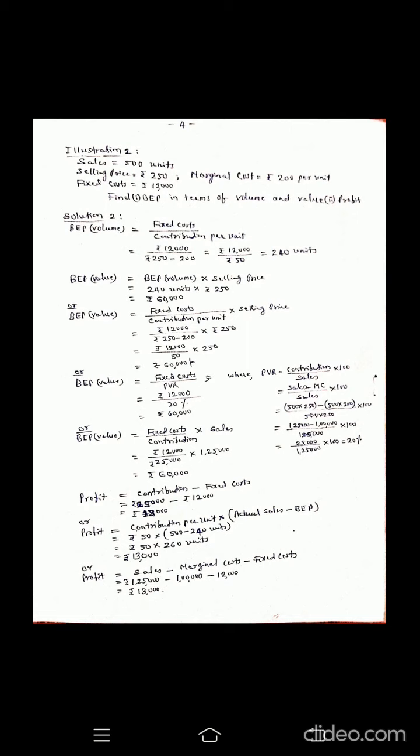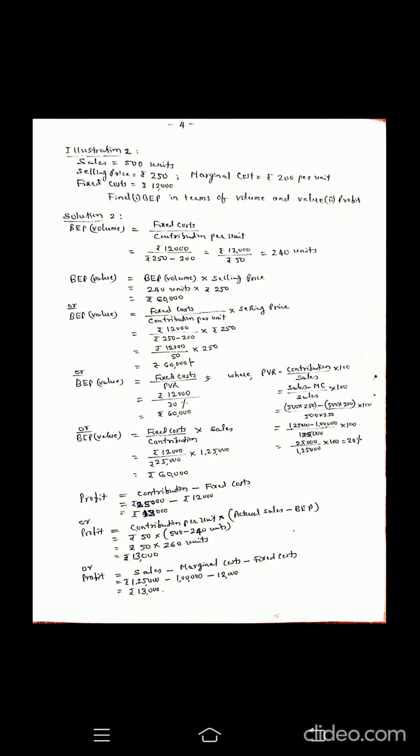So sales minus total cost, since both are one and the same, profit will be 0. So as already said, BEP is a level of output where there is neither profit nor loss. In this case, the check is also given. At BEP, that is when 240 units are sold, there will be no profit, no loss.